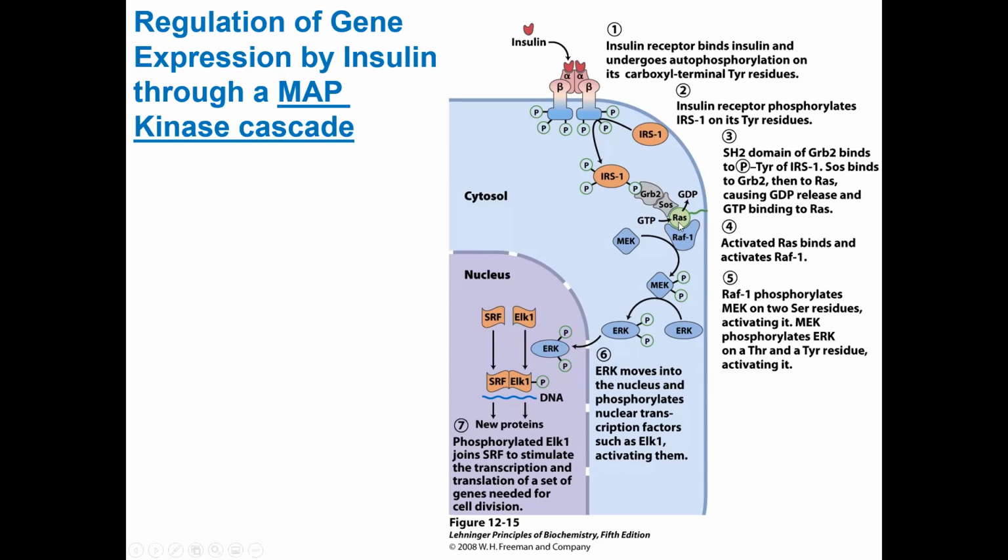Once RAS is activated, activated RAS will go and bind to RAF1, again a kinase. RAF1 will go and bind to MEK, and it will phosphorylate MEK on two serine residues. So RAF is a serine threonine kinase, and that will phosphorylate MEK on 2 serine residues.